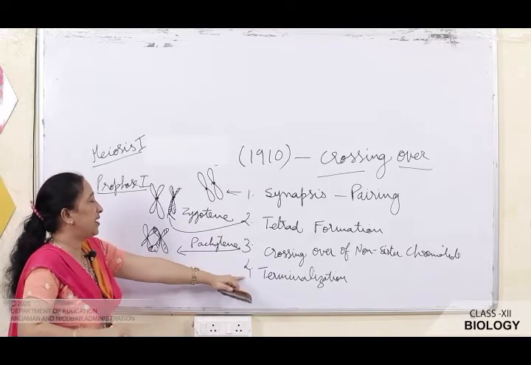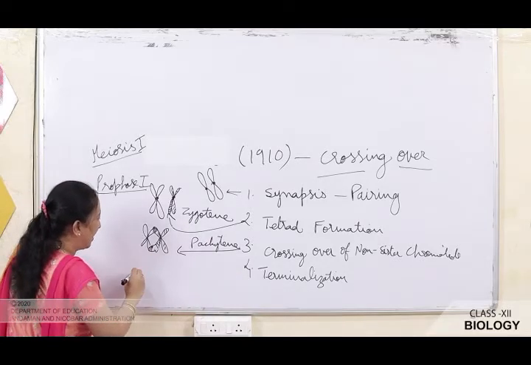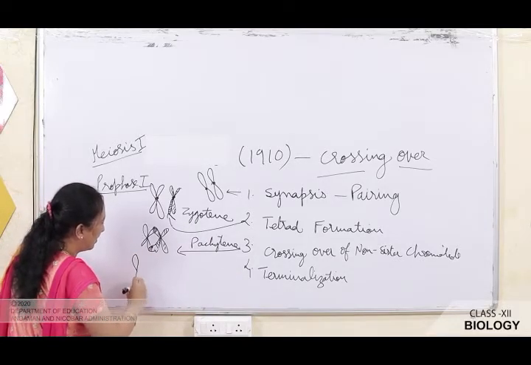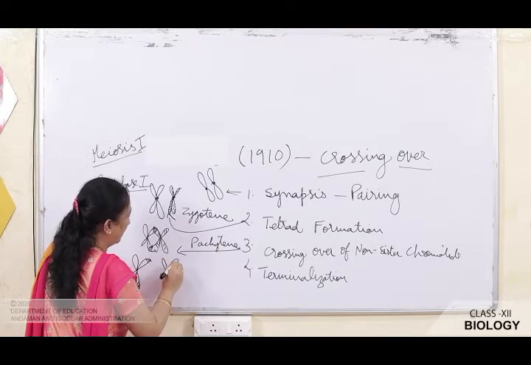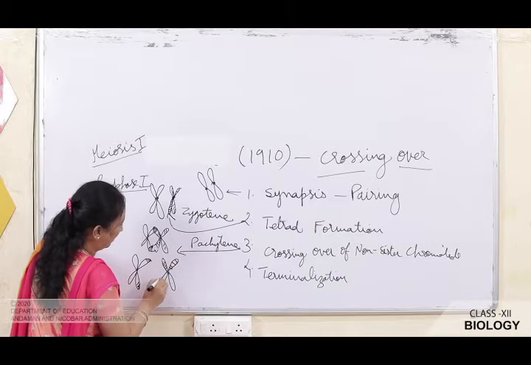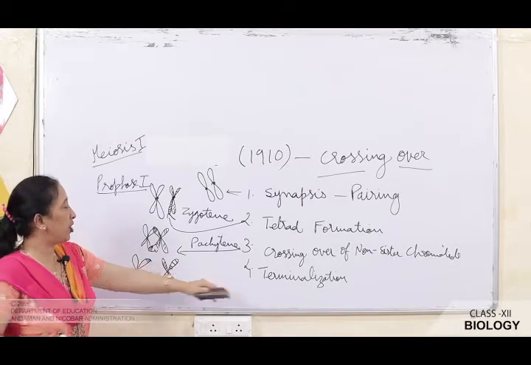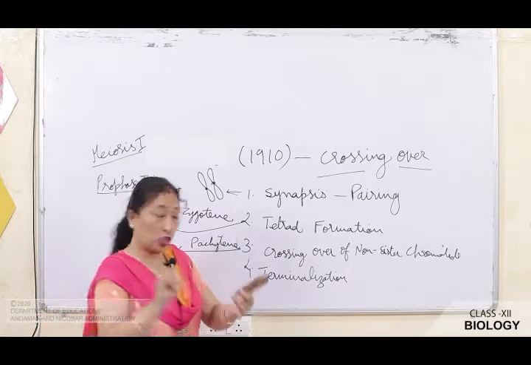Now in terminalization, these will separate with the crossed over parts. This is the crossed over part. So terminalization means they will separate with the crossed over parts.